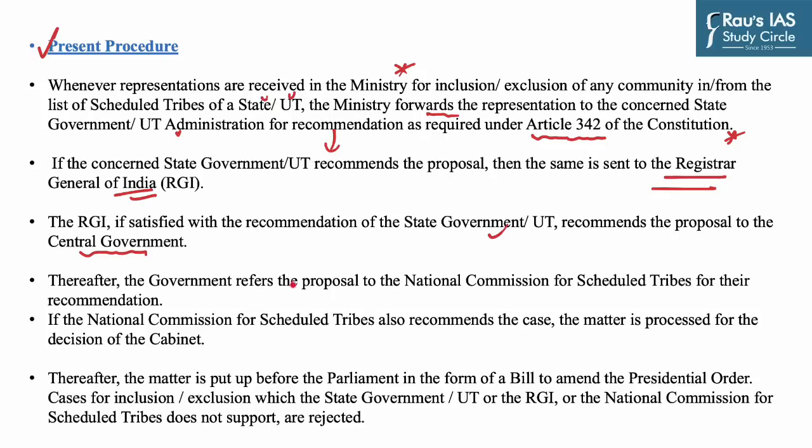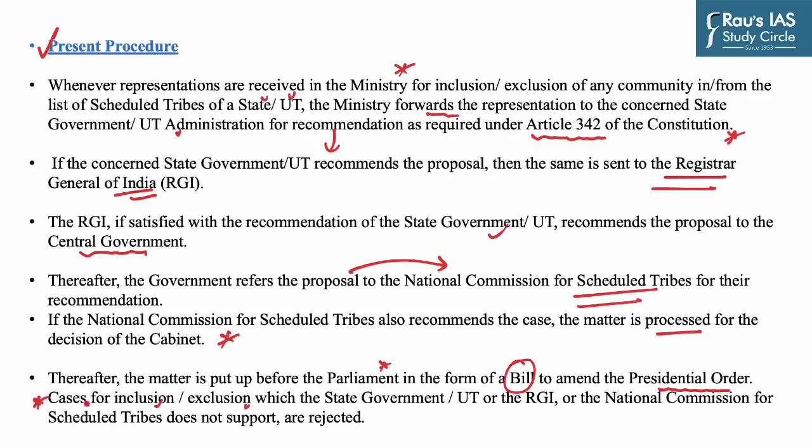Thereafter, the government refers the proposal to the National Commission for Scheduled Tribes, that is NCST, for their recommendation. If the NCST also recommends the case, the matter is processed for the decision of the cabinet. Thereafter, the matter is put before the parliament in the form of a bill to amend the presidential order.